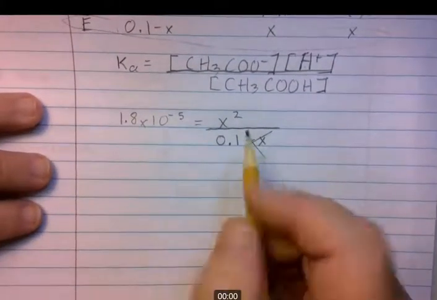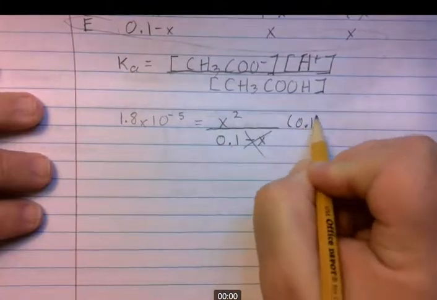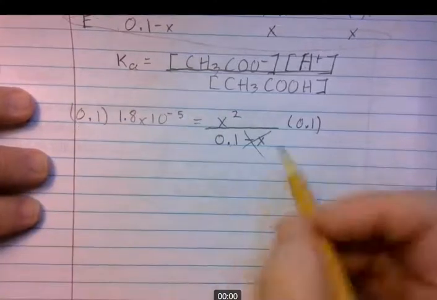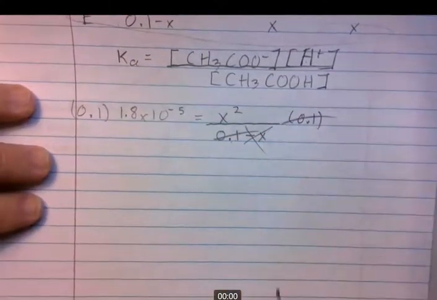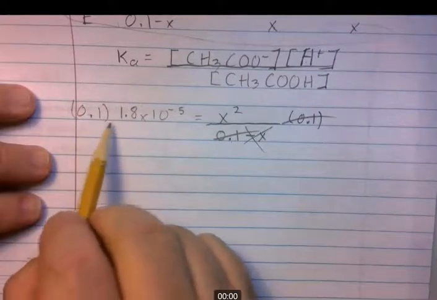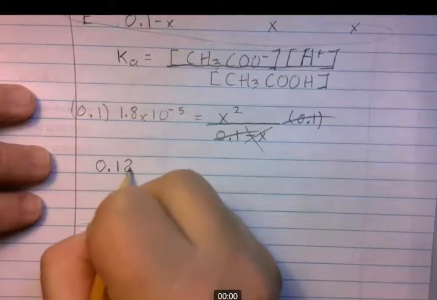And so now you have just a little bit of a math problem. You've got to multiply both sides by 0.1. This cancels with that, so you have x squared equals this. Do that on the calculator if you need to, or if you can see that it's going to be 0.18, you just slide the decimal over one place.